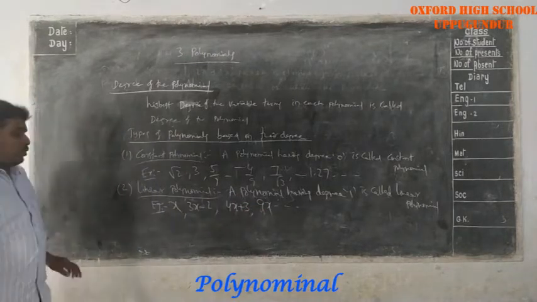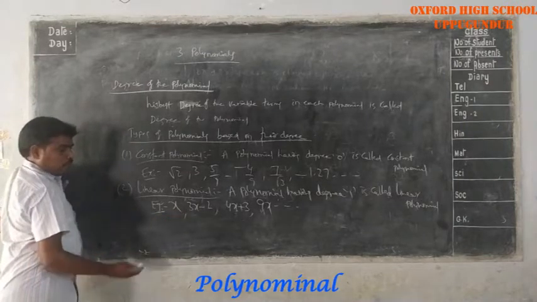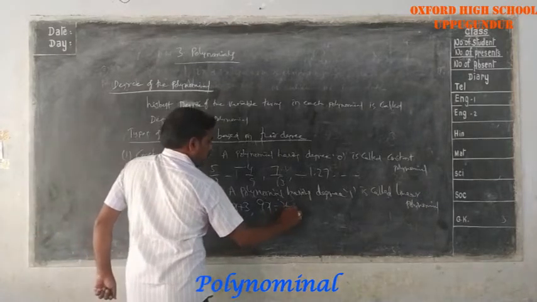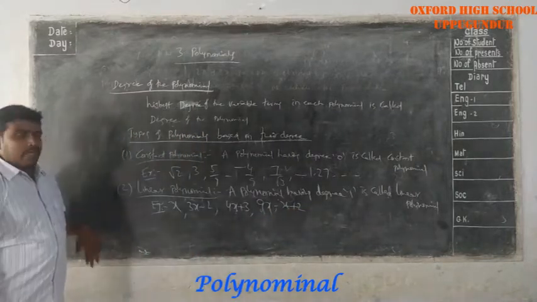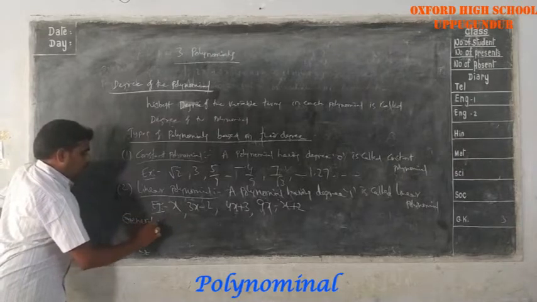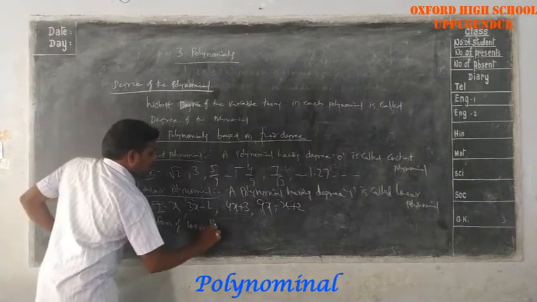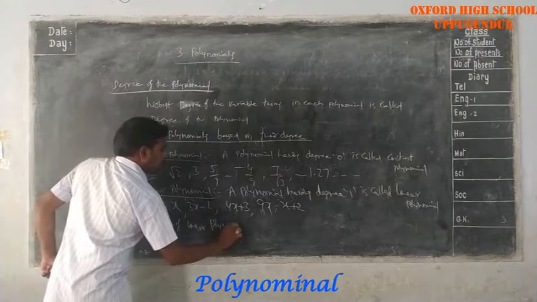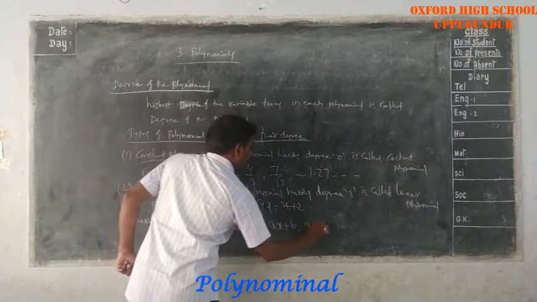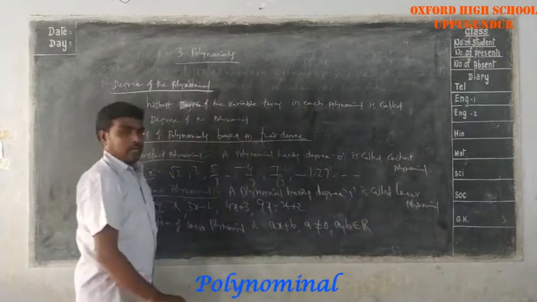So from these examples, when you observe all of them, you can write in this way also. General form of a linear polynomial is ax plus b, where a not equal to 0, a comma b belongs to real numbers.